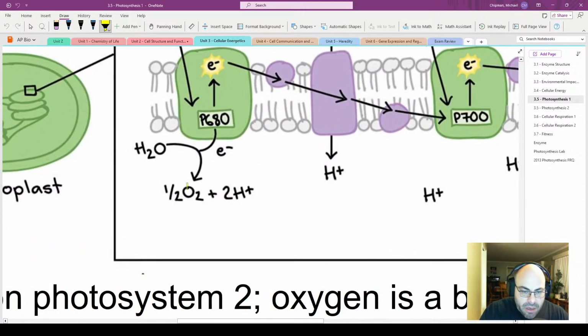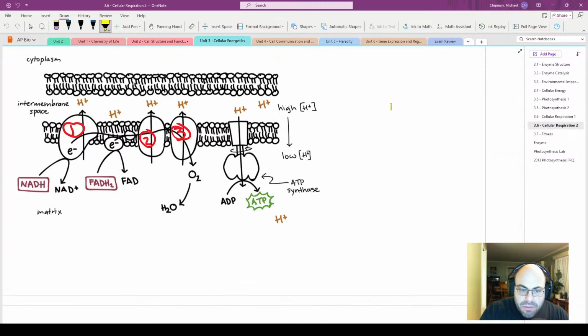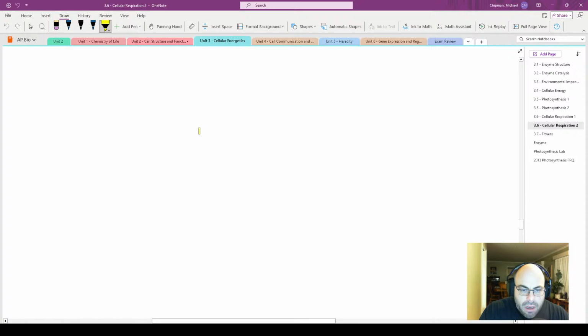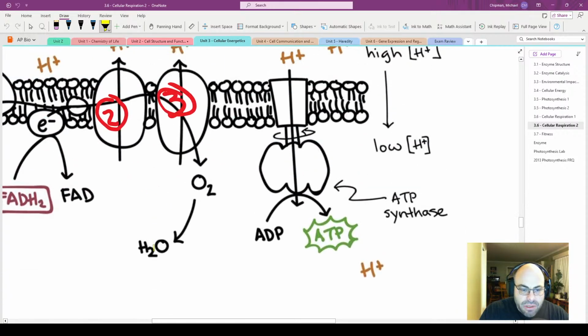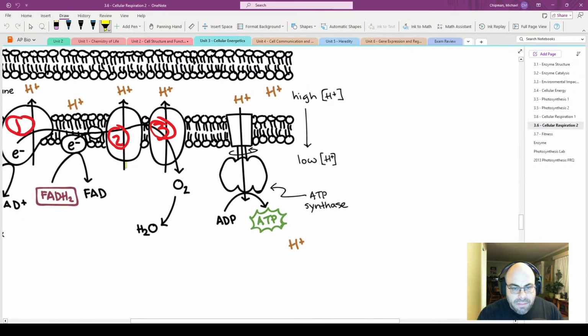H2O is broken down, oxygen's given off. Notice what's the last thing that happens in cellular respiration. Oxygen's being used, and electrons are being added to it to make water, so it's the exact opposite. If you think about them in that way, it's a much more complete system. I think that's really helpful. The purpose here is to make ATP.